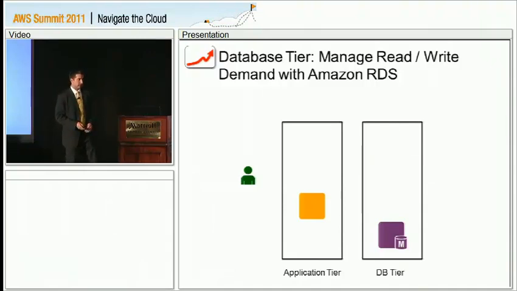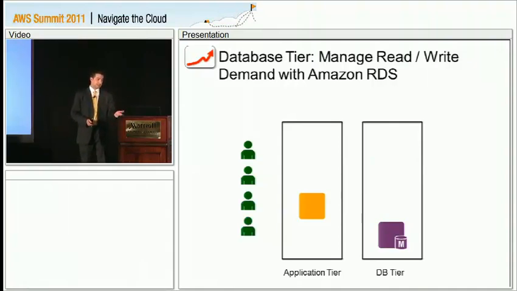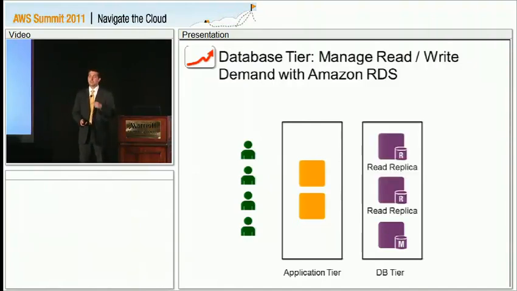Okay. Now we're going to talk about another feature that Amazon RDS has in terms of handling this increased demand. We'd scale the application tier, but in this case, to take load off of the database, we're going to talk about read replicas. Again, you can just spin up a read replica through the console, really with just a couple of clicks. Then you direct the read traffic of your application to the replica.